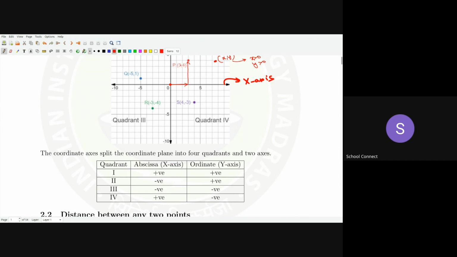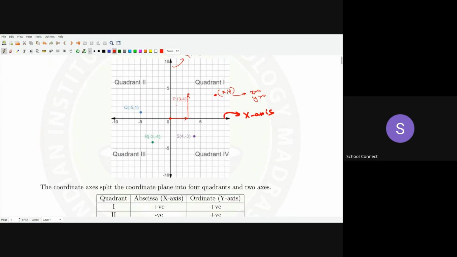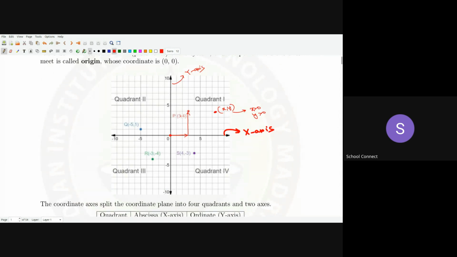Now that we know there are points on the xy plane, if you choose any 2 points and try to measure the distance between them, for example, here is the point 3 comma 4. How far is 3 comma 4 from the origin compared to minus 5 comma 1?